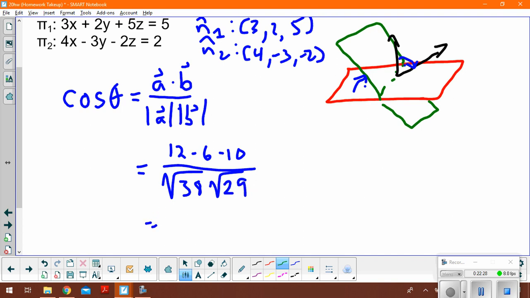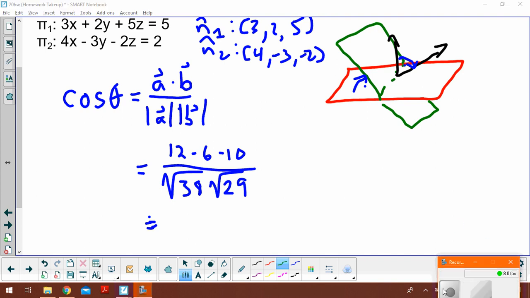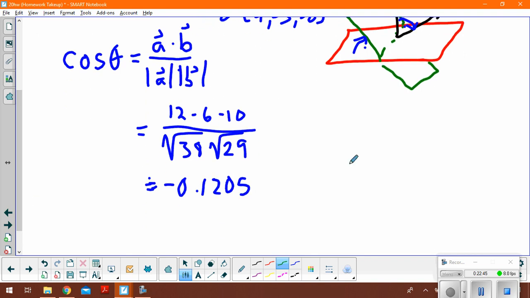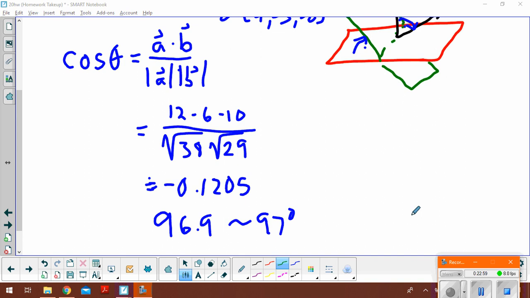So when I run this all through, I got negative 0.1205 approximately. And then when we do the cosine inverse of that, we got 96.9, or about 97 degrees. Okay, and we're good.